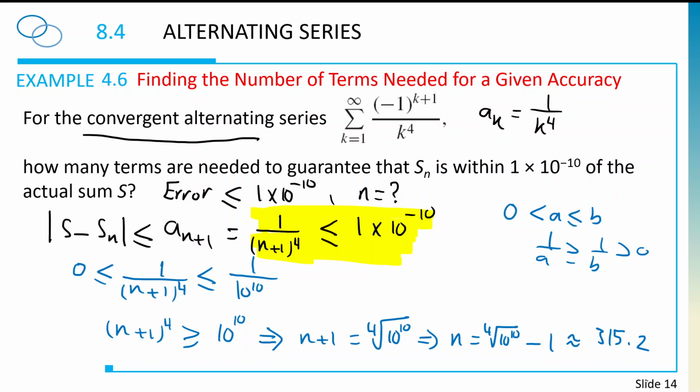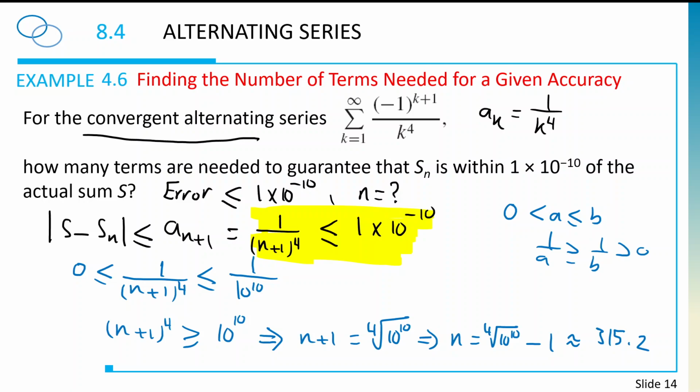Okay, so how many terms do I need to add to get this approximation? Remember, n is an integer, so we don't accept decimals. So I always need to take the next integer; don't do rounding. It's not that you round down to 315. Always when I think about integers, I take the next integer. So 315.2, what's the next integer? 316.